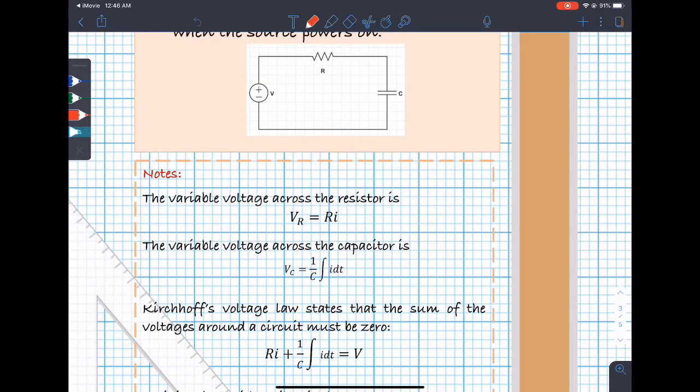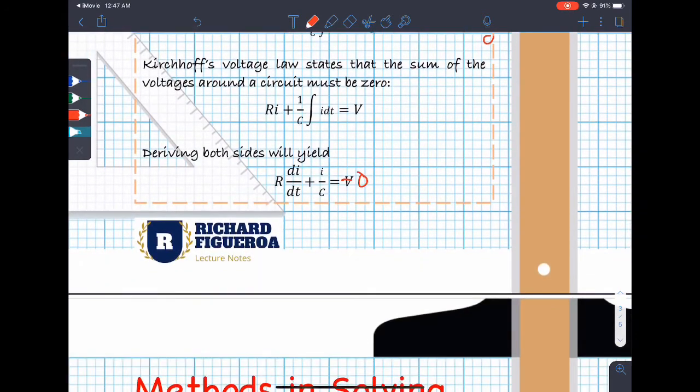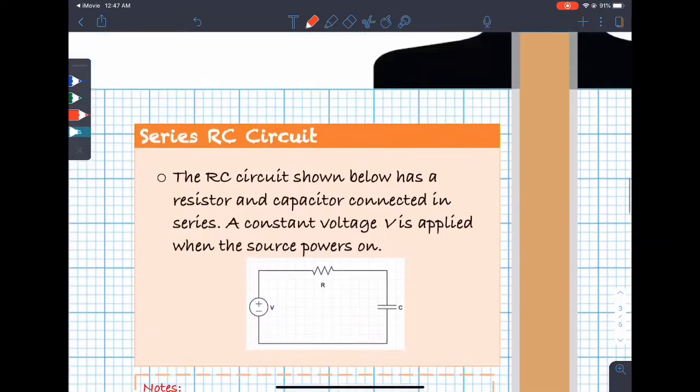But again, the integral of i dt is the same as Q. Therefore, VC could be equal to Q over C as well. And from here, if we differentiate this, Ri plus 1 over C, we'll have R di over dt plus i all over C. So this one should be 0.